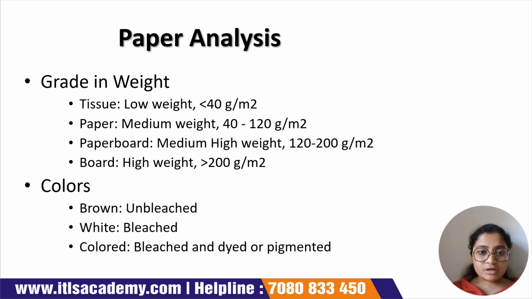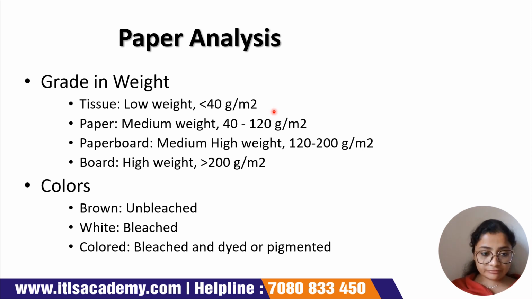Now when we are talking about paper analysis, how will we perform it? The first thing that we need to analyze is the grade in weight. It will involve tissue first of all. If it's low weight, then its weight will be less than 40 grams per meter square.